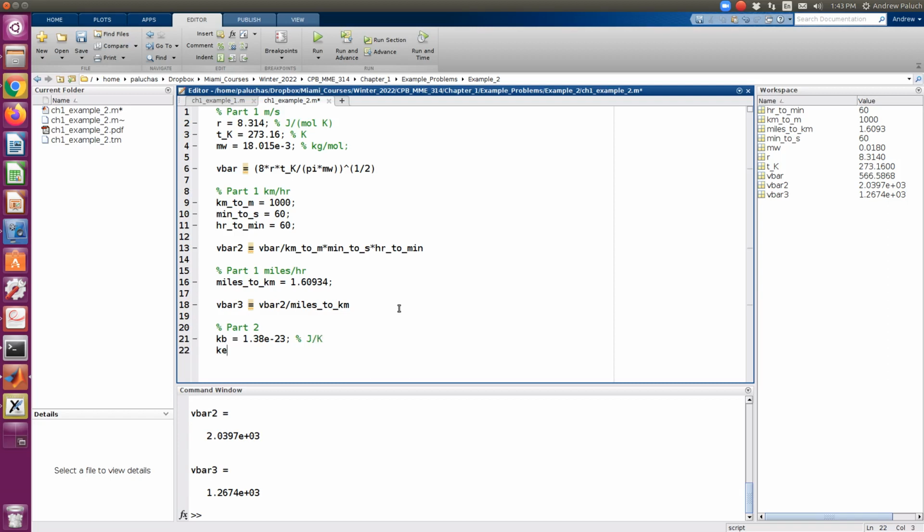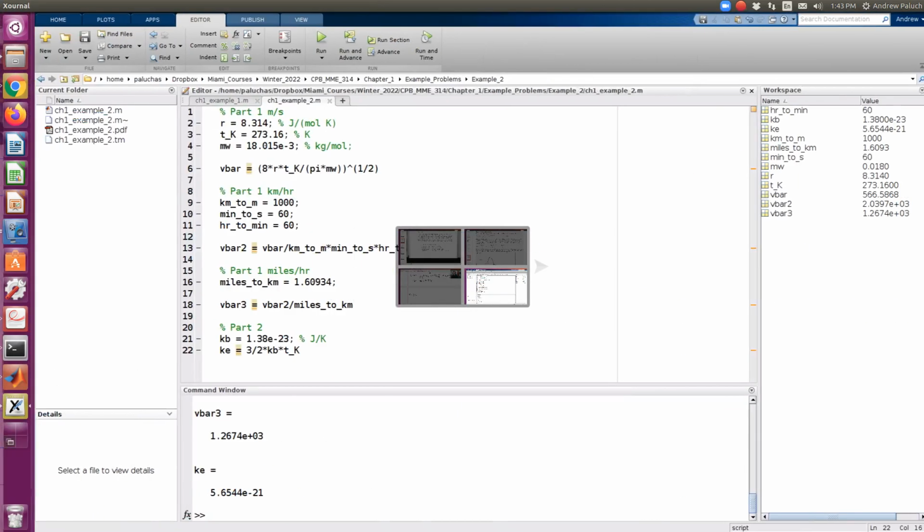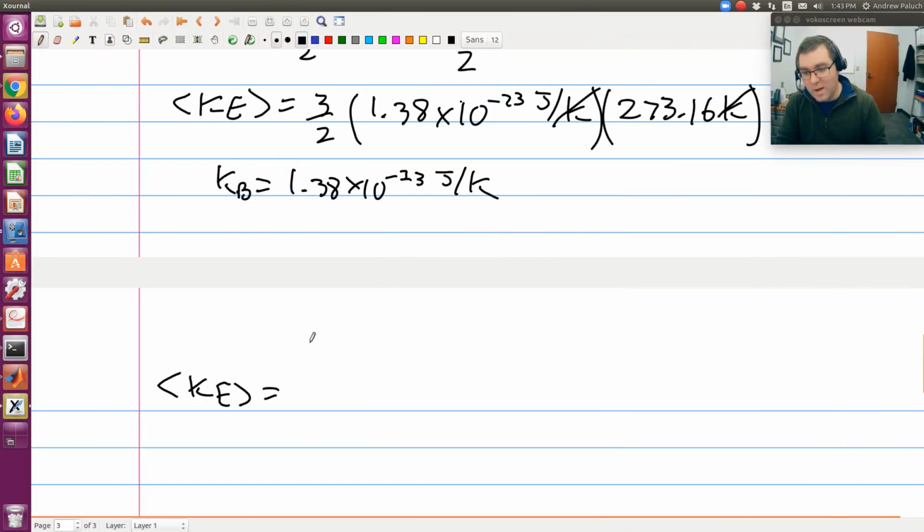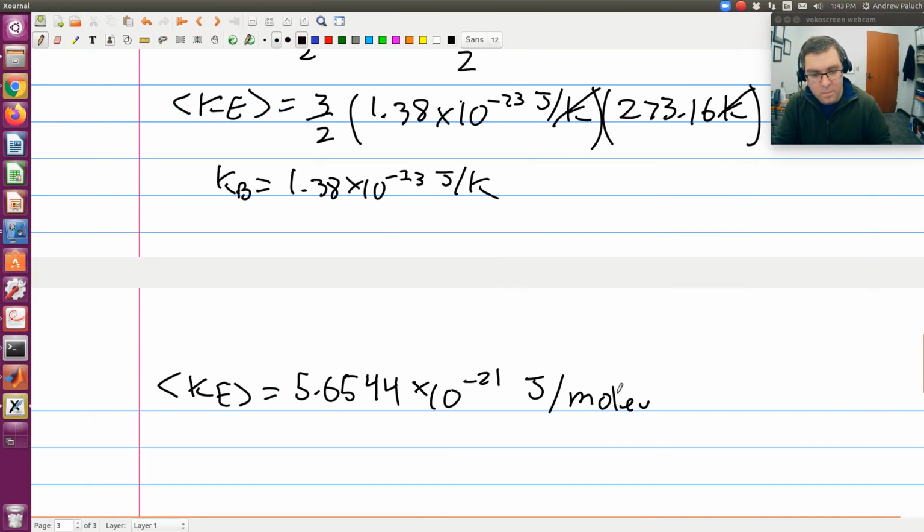So KE is going to be equal to 3/2 times kB times my temperature in Kelvin. That's going to be 5.6544 times 10 to the negative 21, and that's joules per molecule.